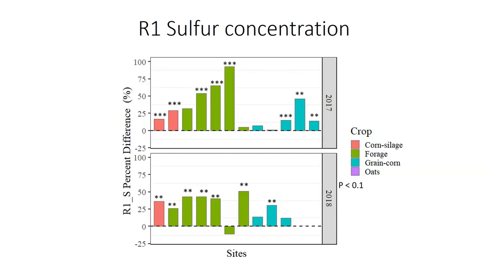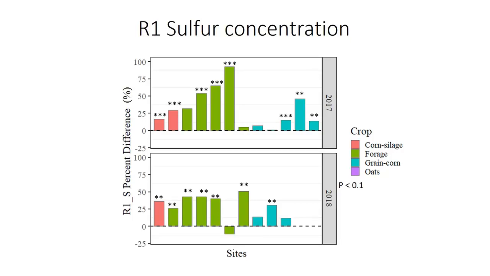When we look at the R1 sulfur concentration in the leaves, we see a positive sulfur response in almost every crop and every site, right after the application. For the on-farm sites, we applied gypsum at the beginning of each growing season in 2017 and 2018, so we have 2 consecutive gypsum applications over the 2 years.